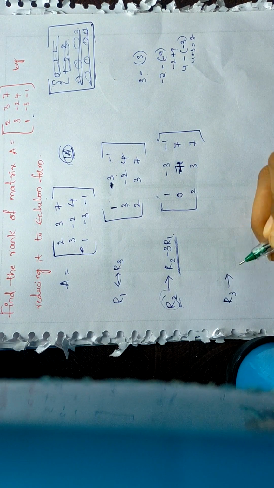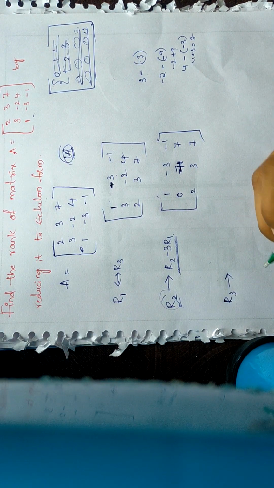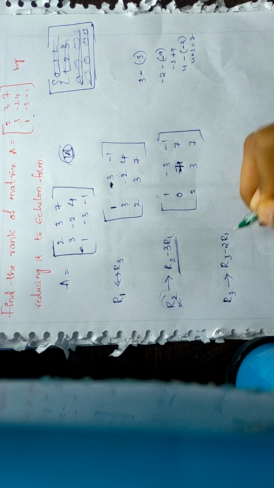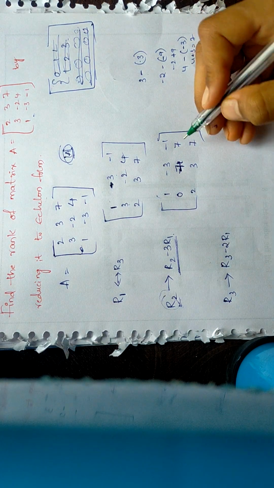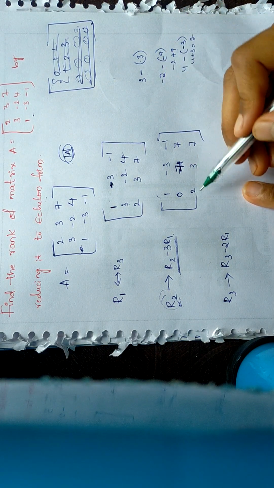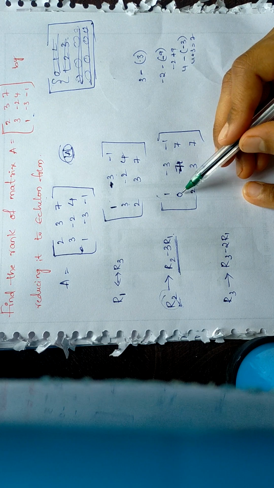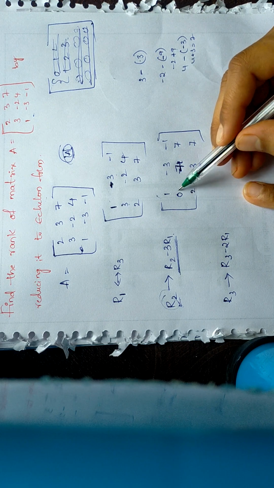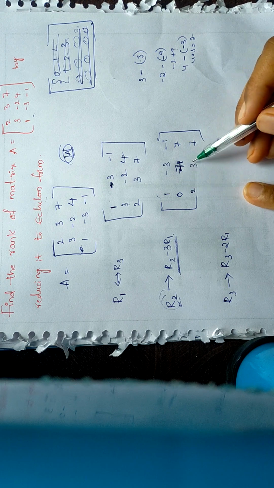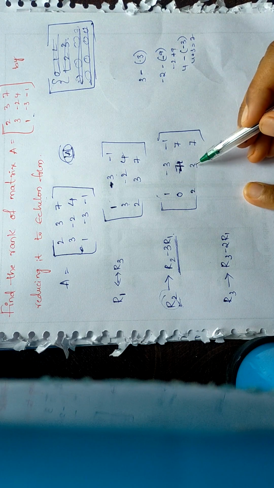R3 is replaced with R3 minus 2R1. Because we are trying to make zeros first in this position, the first position. Then we can go for the next position, like that.